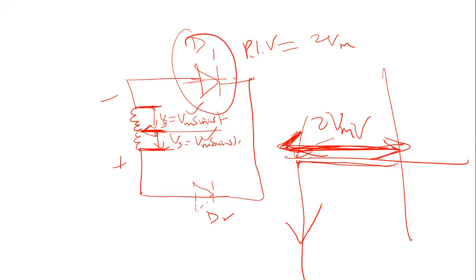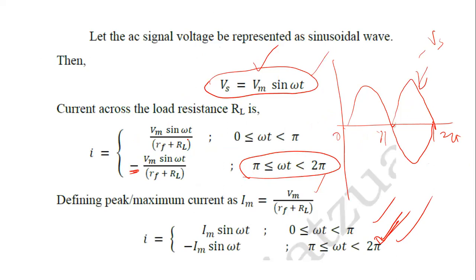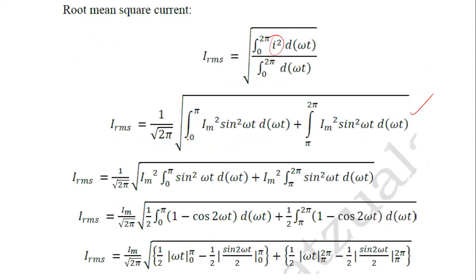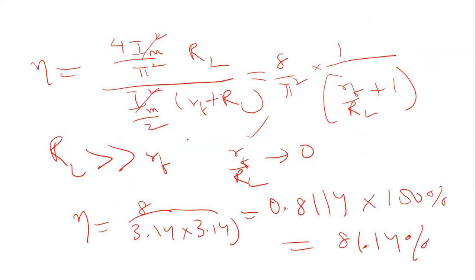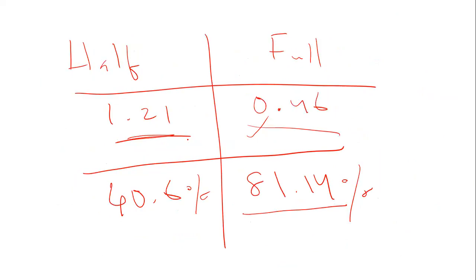So I hope you can see that under this center tap configuration, the peak voltage appearing across the diode under reverse bias will be Vm plus Vm, that is 2 Vm. So we should take special care if we are going to design this center tap rectifier. You have to design such that 2 Vm is less than your avalanche breakdown.